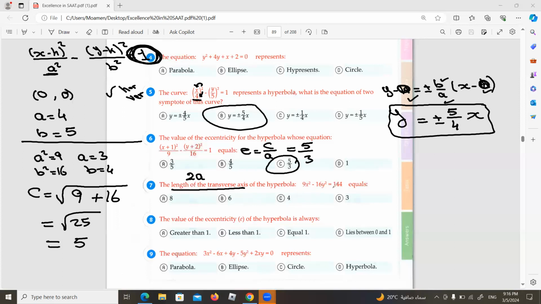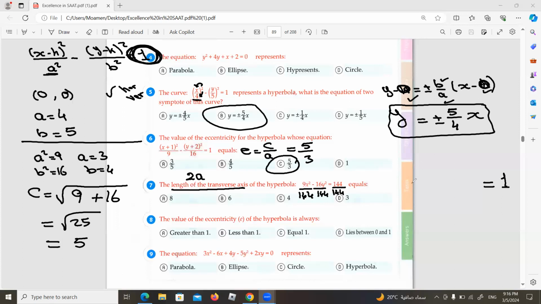So I must divide here by 144. Why? Because the equation must be equal to 1. If your equation equals 1, we can work. So we divide: 144 divided by 9 equals what?